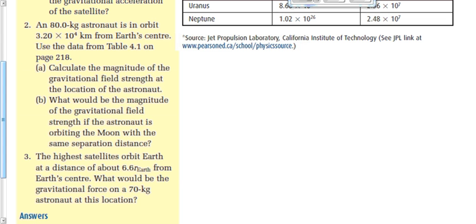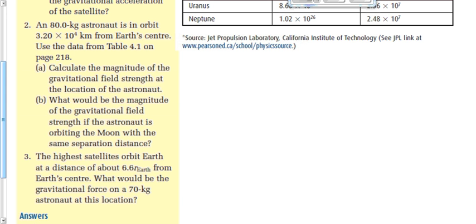Which one is the producer? Which one is the experiencer? Taylor, is the astronaut the producer or the experiencer? Yeah, the astronaut feels the field, experiences the field. What about the Earth? Well, the Earth must therefore be what, Julia? Good. The Earth is going to be the producer, the thing that causes the field.